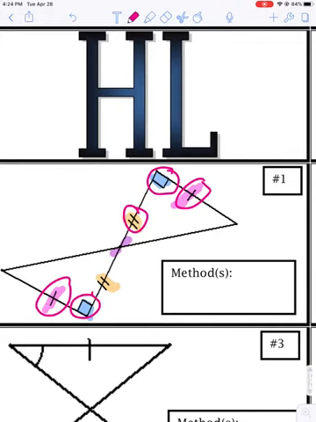So if I use pink, blue, orange, pink, blue, orange, that would be, started it wrong, side, angle, side. There's two sides, the pink and the orange, with the angle between them.